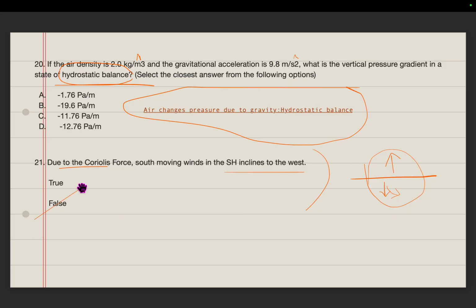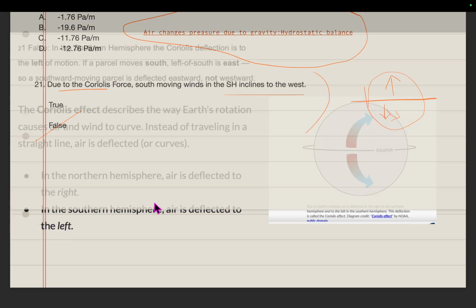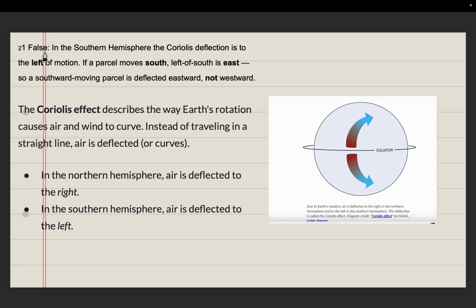This statement in this question is false. In the southern hemisphere, the Coriolis deflection is to the left of the motion direction. If a parcel of air moves south, the left of south is east. So this southward moving parcel will be deflected to the eastward direction, not the westward direction.